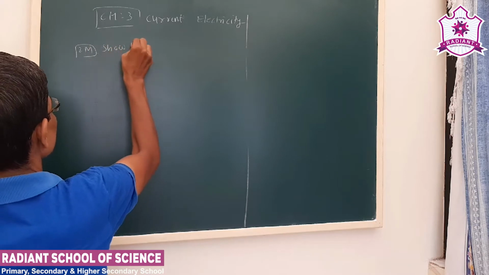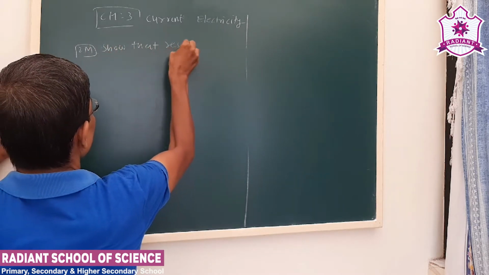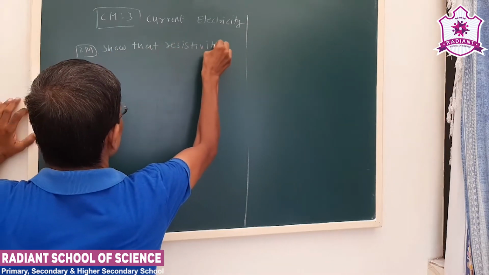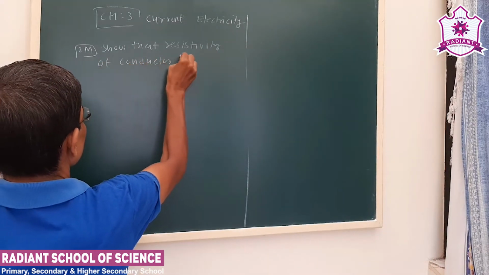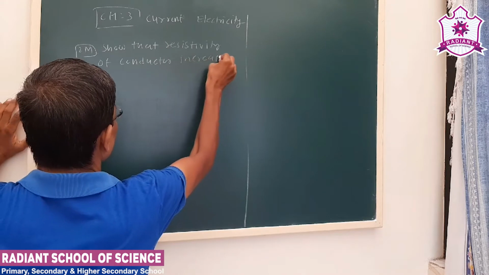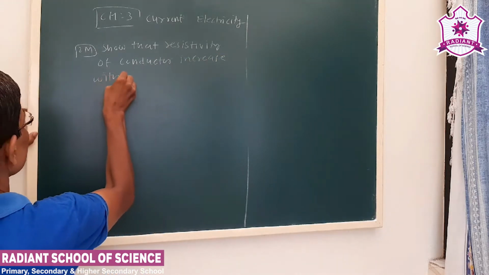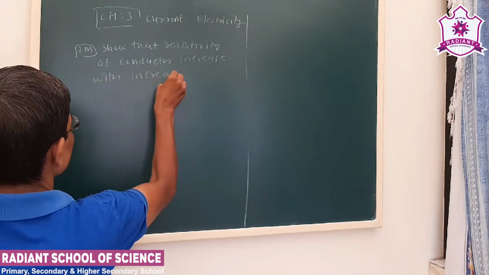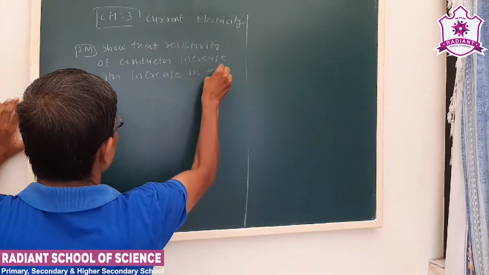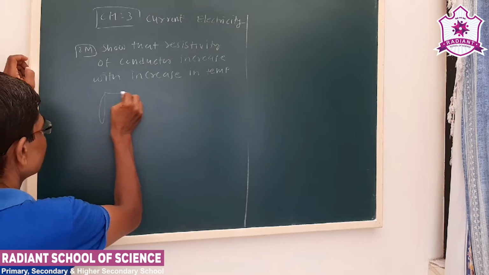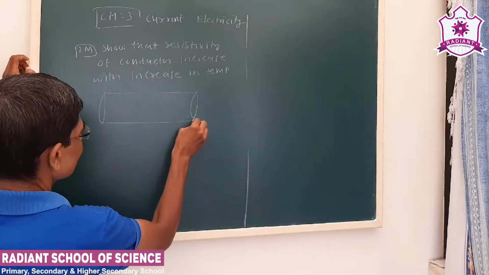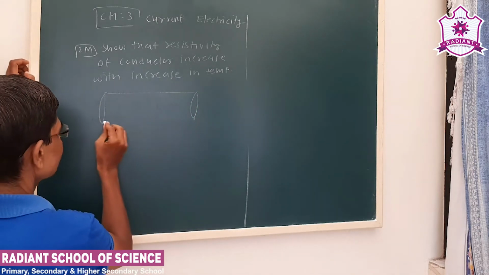So the question will be like this: show that the resistivity of a conductor increases with temperature. Okay. Now again we consider a cross section of a conductor.